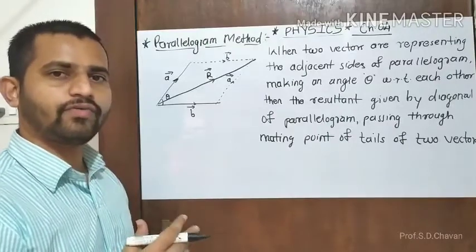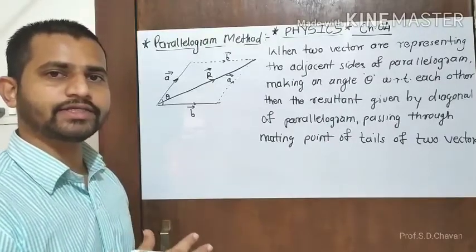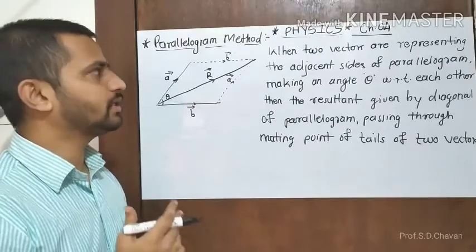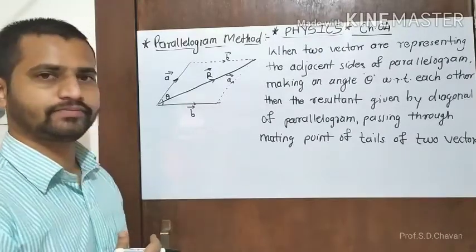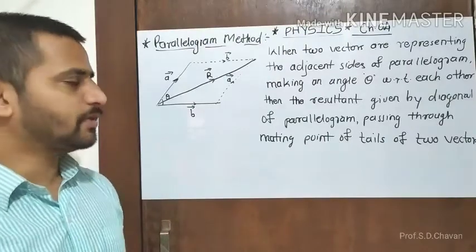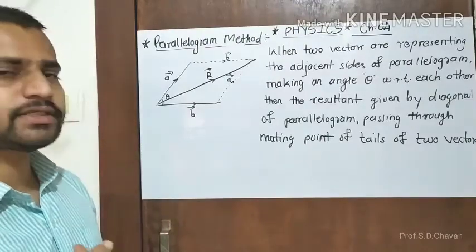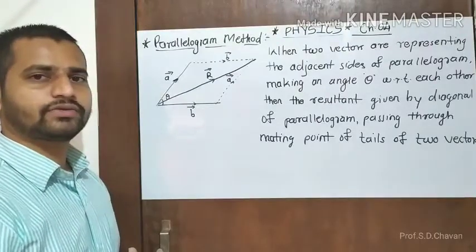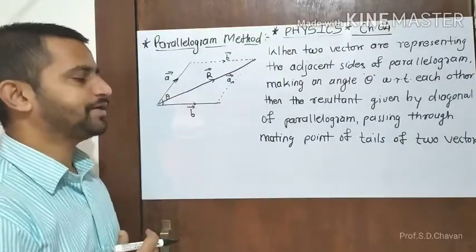Now we have to go for the magnitude and direction of the resultant of the two vectors by using the parallelogram method. Okay, so for that purpose, we just have to make some changes in this diagram. Okay, so which changes we have to make here?